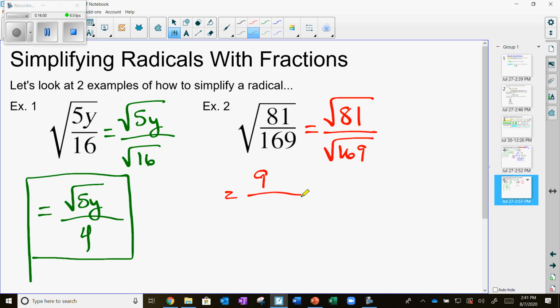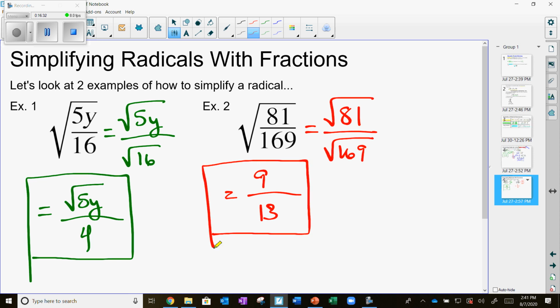If you use your calculator to figure out what the square root of 169 is, that's totally okay, especially if it's a perfect square. I just happen to know from memorization that the square root of 169 is 13, which kind of makes sense because it's a little bit more than 144, but a little bit less than 225. So it's got to fit in between all that stuff. So that's going to be equal to 9 over 13, and there are no square roots.